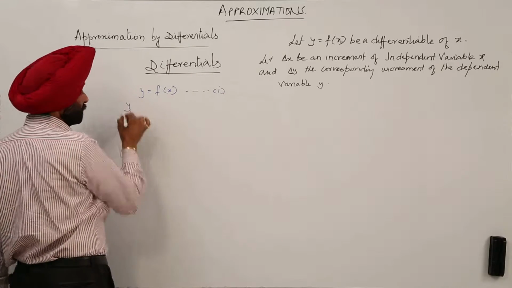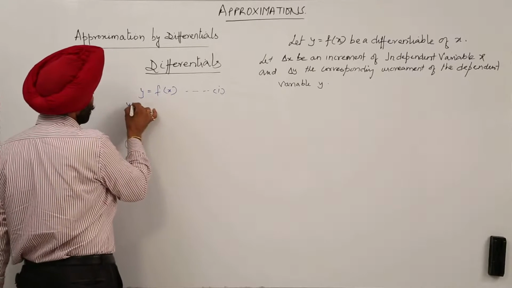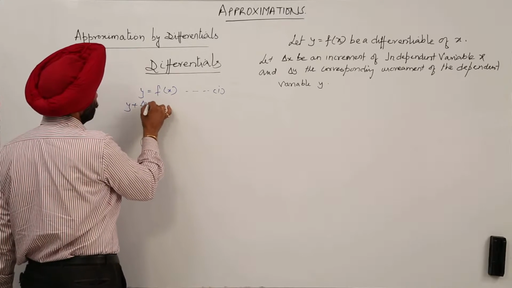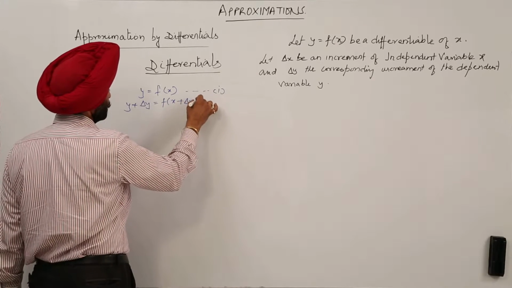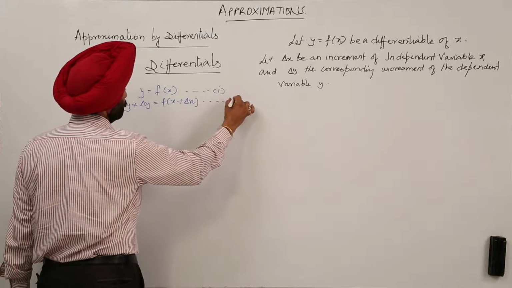Now adding the small increment, y plus delta y is equal to f(x plus delta x). Let this be 2.